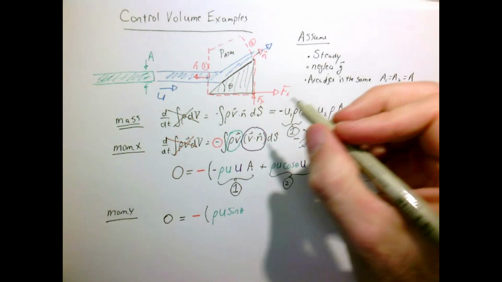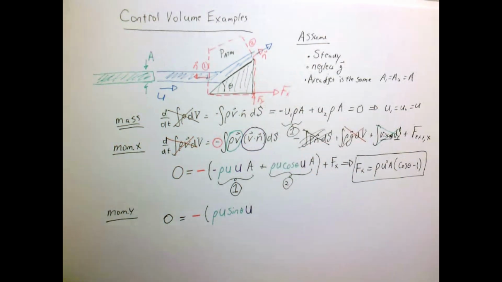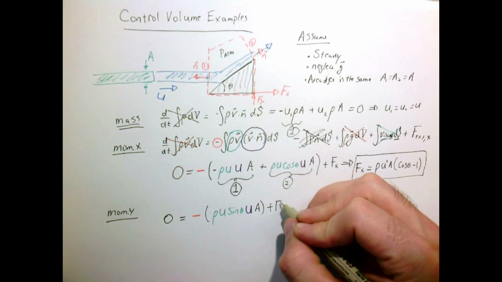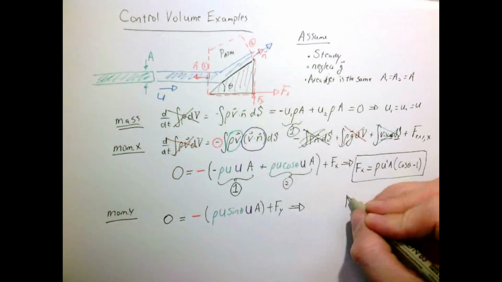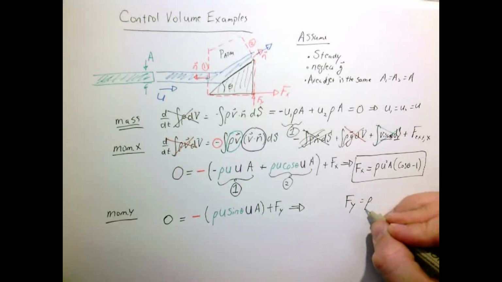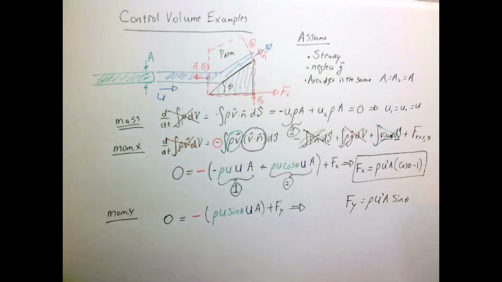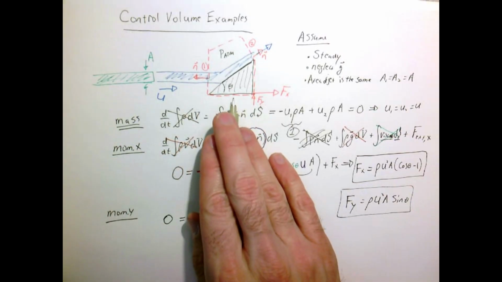And the flux out of it, v dot n, is aligned in positive, so it's just u times the area plus the external force in y. So that implies then that the force in y is rho u squared A sine of theta. And it's positive, so it's a force upwards.